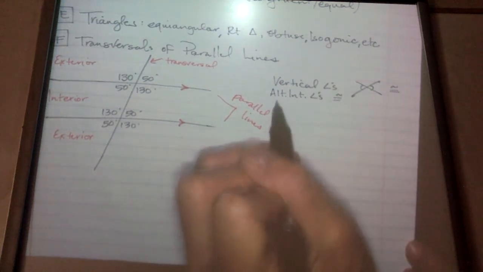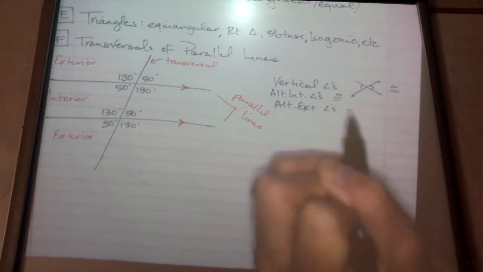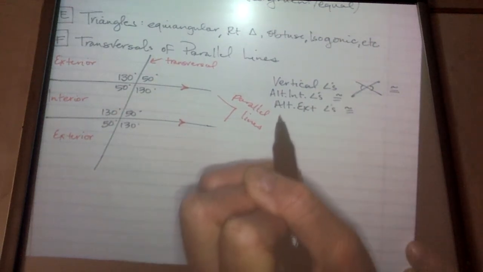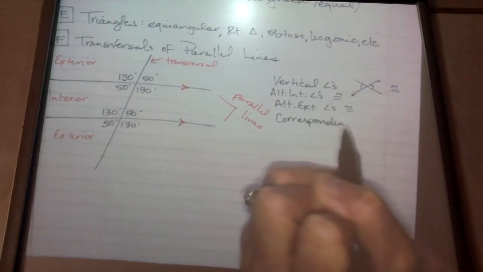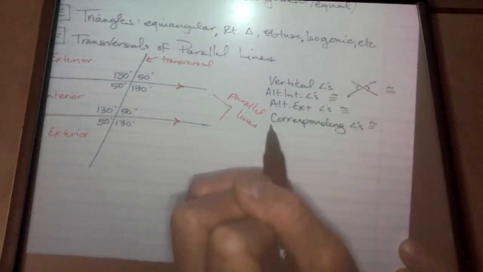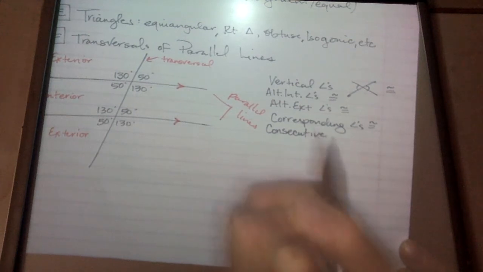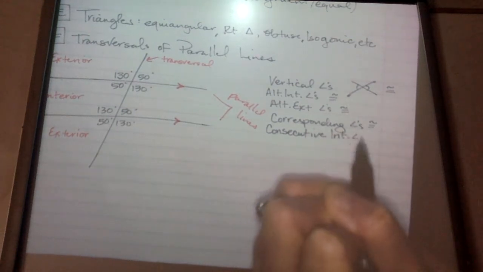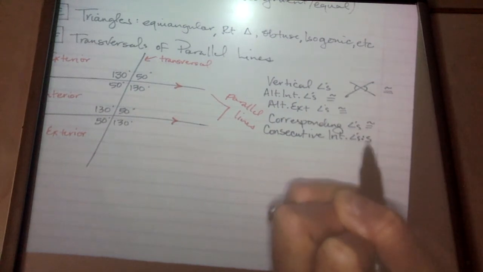I have alternate exterior angles, which are also congruent. I have corresponding angles, which are also congruent. And last, I have consecutive interior angles, which are supplementary.